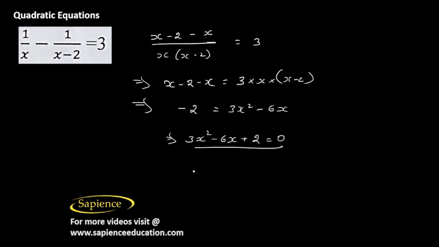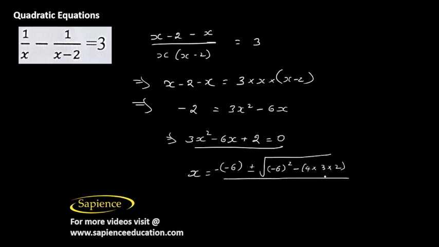Now let us apply the quadratic formula. X is equal to minus b, so minus of minus 6 plus or minus square root of b square, so that is minus 6 square, and then minus 4 into a into c divided by 2 times a. A is 3. Now let's simplify.